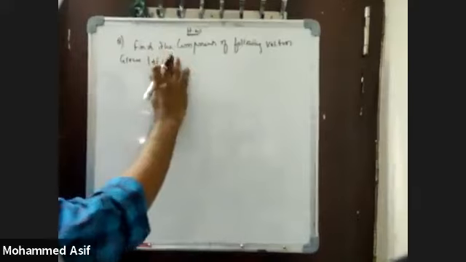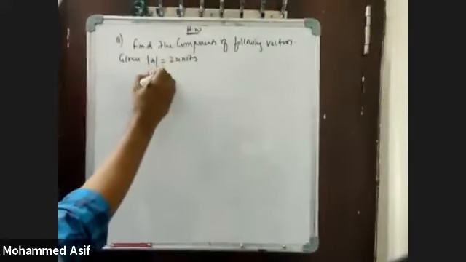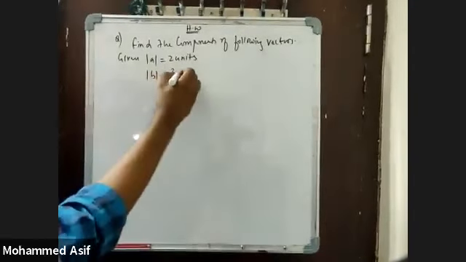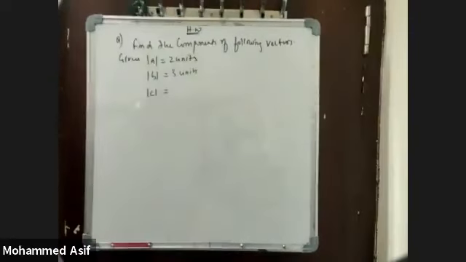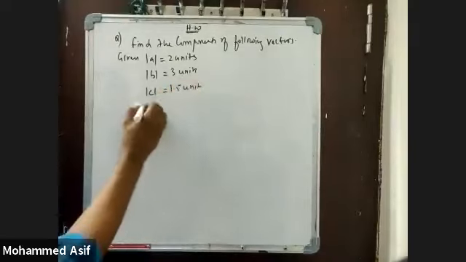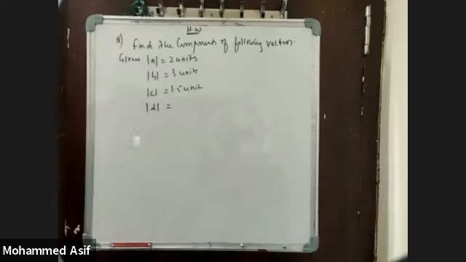Mod of vector B is equal to 3 units. Mod of vector C is equal to 1.5 units. Mod of D is equal to 4 units.